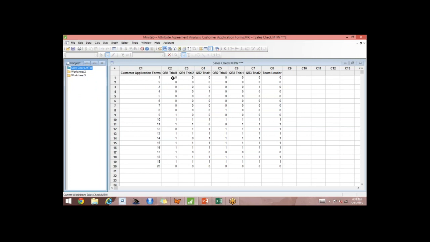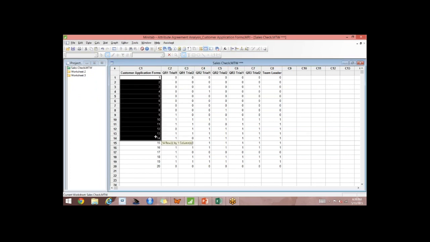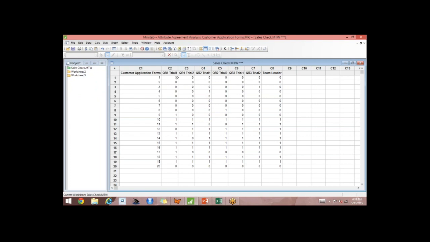Look into this. Quality representative 1 has taken 20 readings. For the first customer application form, in both of his trials, he says customer application form is incomplete. Fine. In the second one also, in both cases, he says customer application form is incomplete. Fine. For the third form, he says incomplete in both cases.